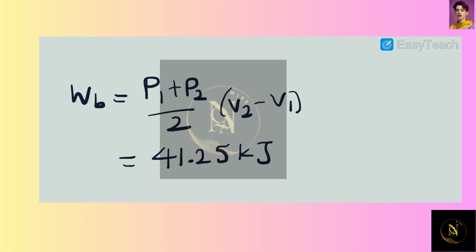Now, plugging this value into our energy balance, we get an expression in which the only unknown value is T2.